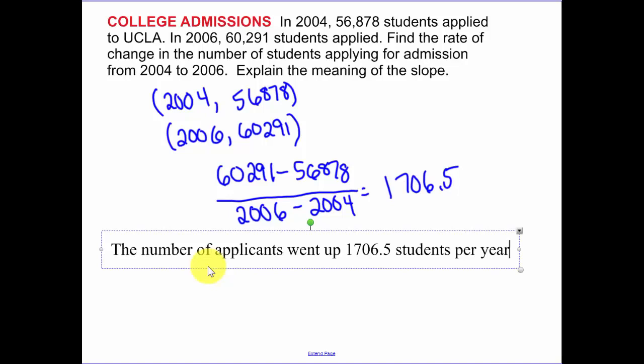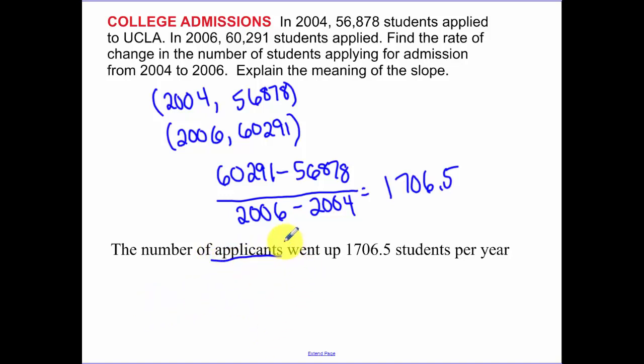Okay, so let's talk about how I got what I got. Okay, so the number of applicants, you have to give me what I'm talking about. The number of applicants went up, telling me that our slope is positive. If it is a negative slope, you'd say something like decreases. Students per year.